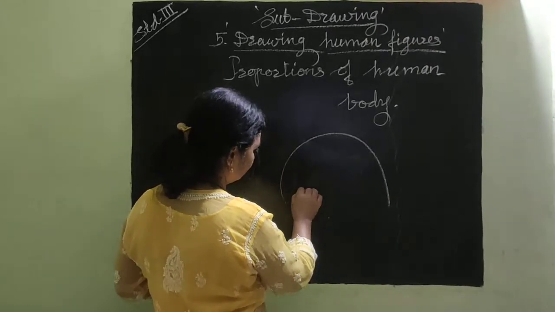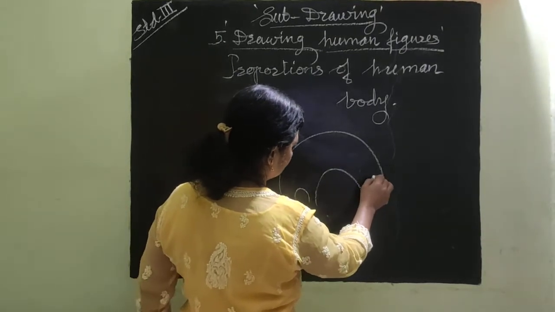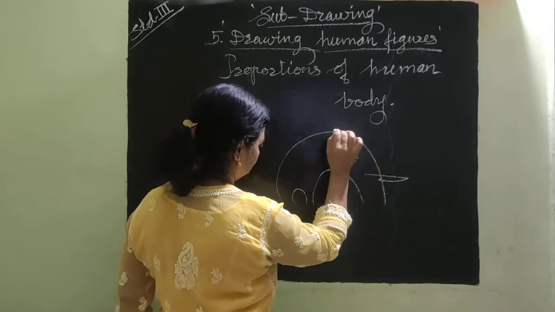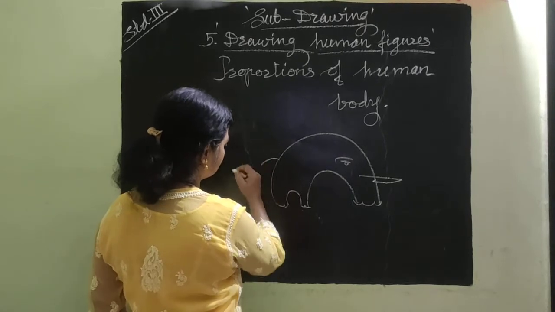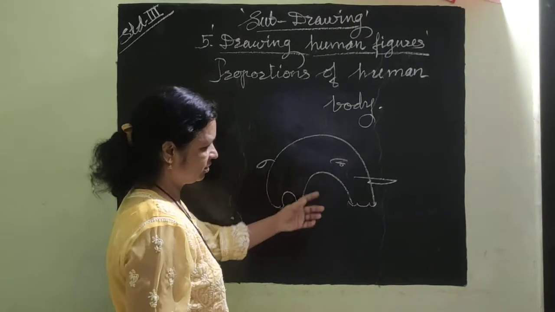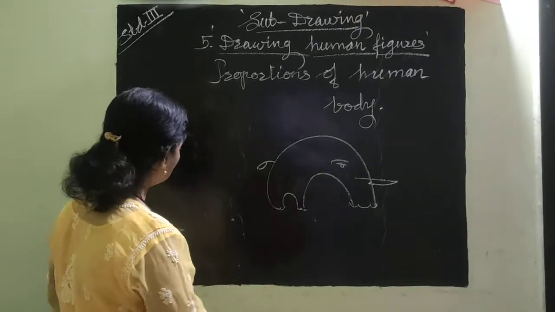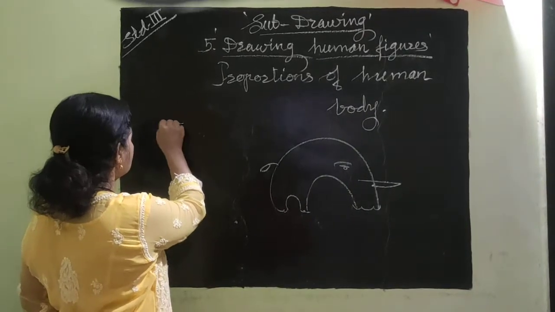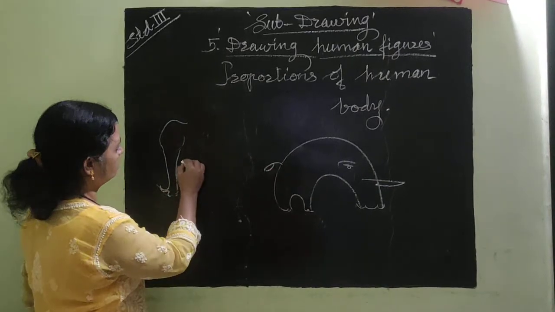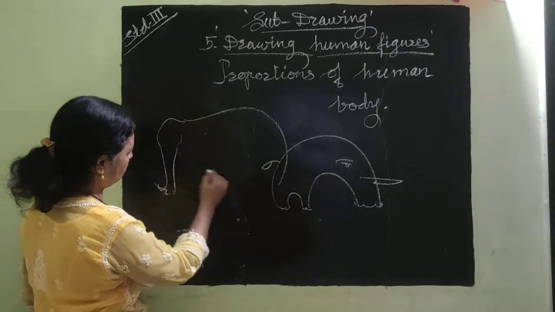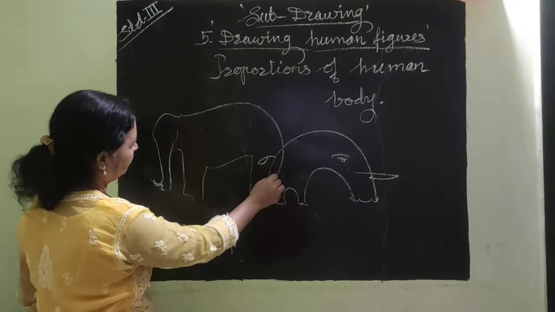Suppose you draw this type of design of an elephant. You can't get it because this is a design. But when you draw a particular body of that animal, the body is very big, very big.